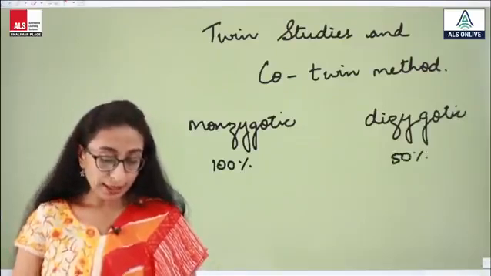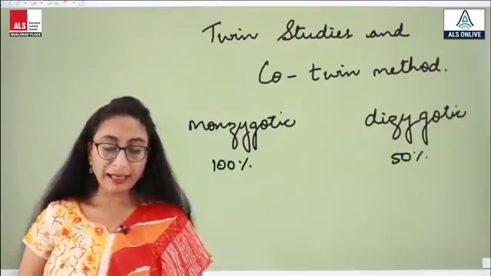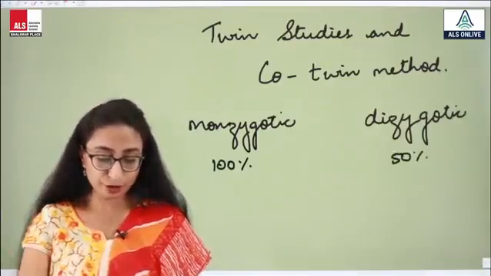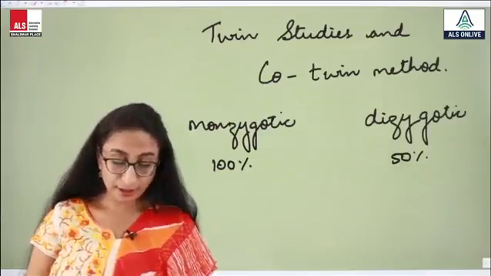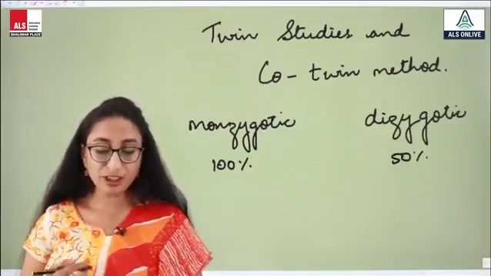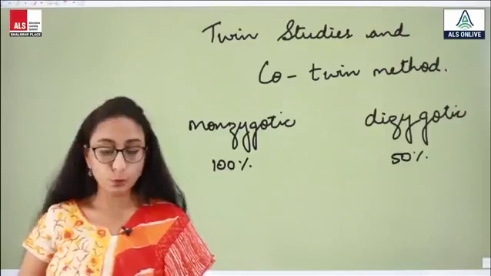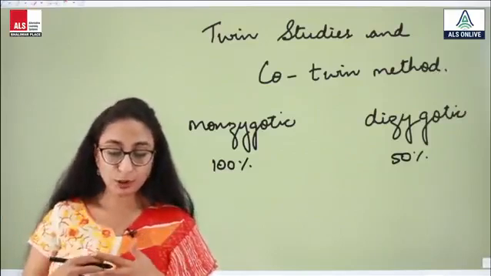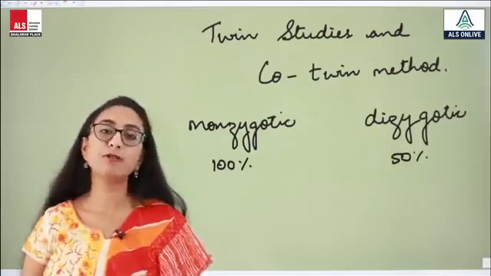So the twin method is based on the fact that the biological peculiarity of monozygotic twins originates from the division of the zygote. Twin studies have typically been used to determine whether genetic factors play a role in the etiology of a disease.